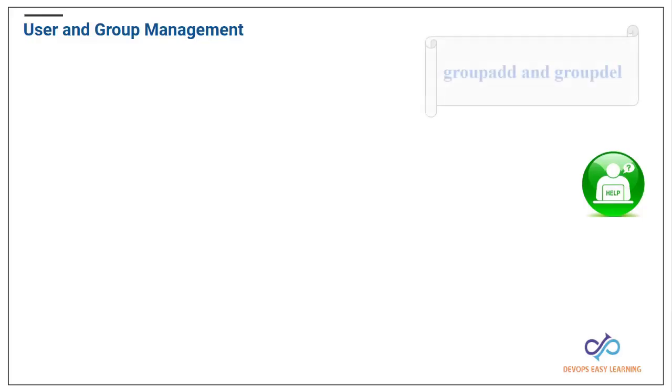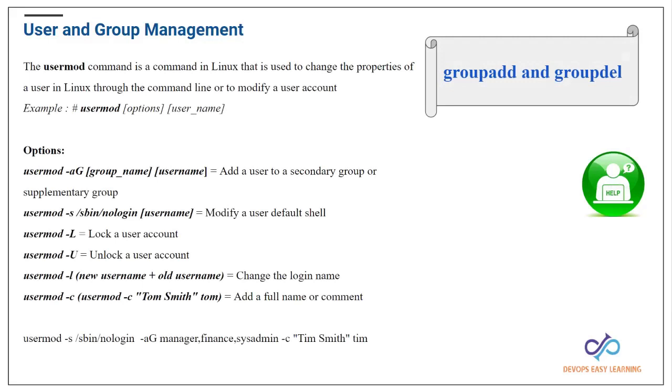With the usermod command, we have a couple of options. Say you have created a user and a group, and you want to add that user into the group. You can use the usermod command with -aG, capital G. What does that mean?